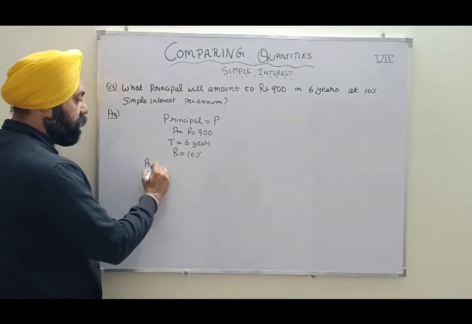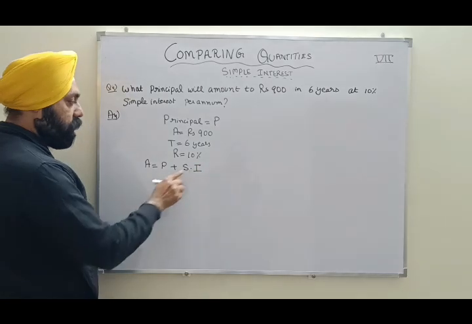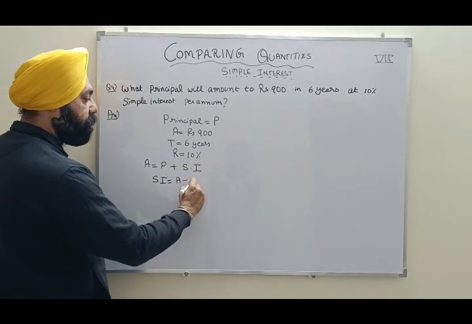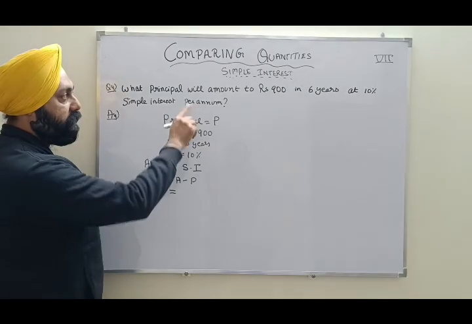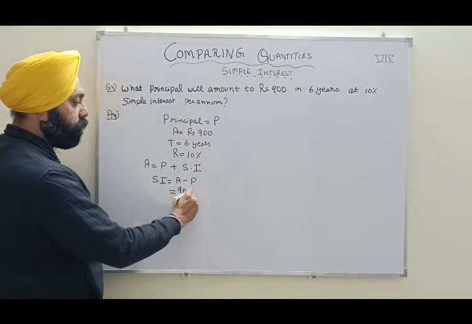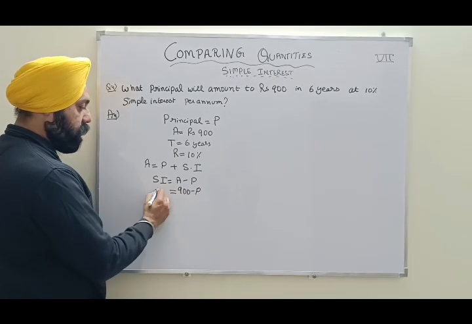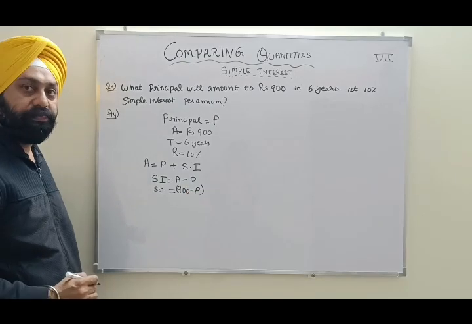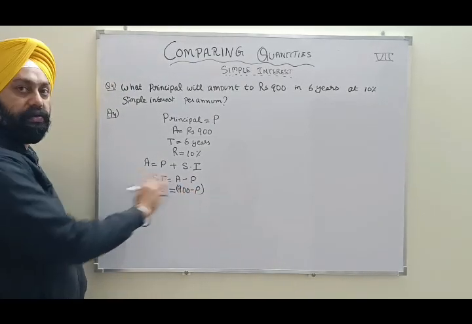Amount is equal to principal plus simple interest, or we can say that simple interest is amount minus principal. Amount is 900 minus principal, which we don't know, so we take it as P. So for this question the simple interest is 900 minus P. Because it is a binomial, I keep it in brackets.